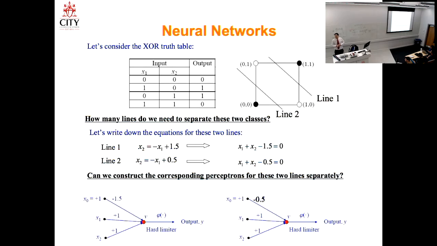But later, they said, okay, let's say this line separates this from the rest of the world, and this line separates this from the rest of the world. So what I need is one perceptron here for this line, one perceptron here for this line, and then I can put them together.